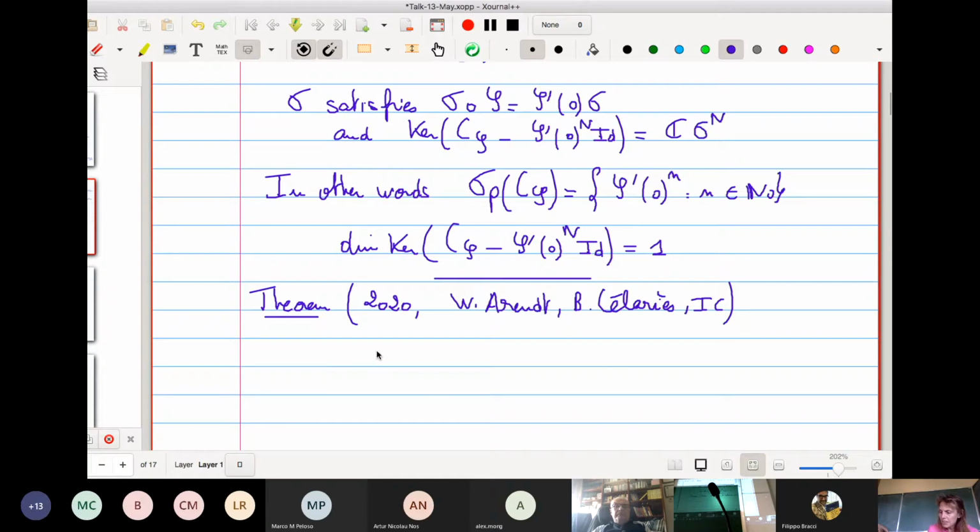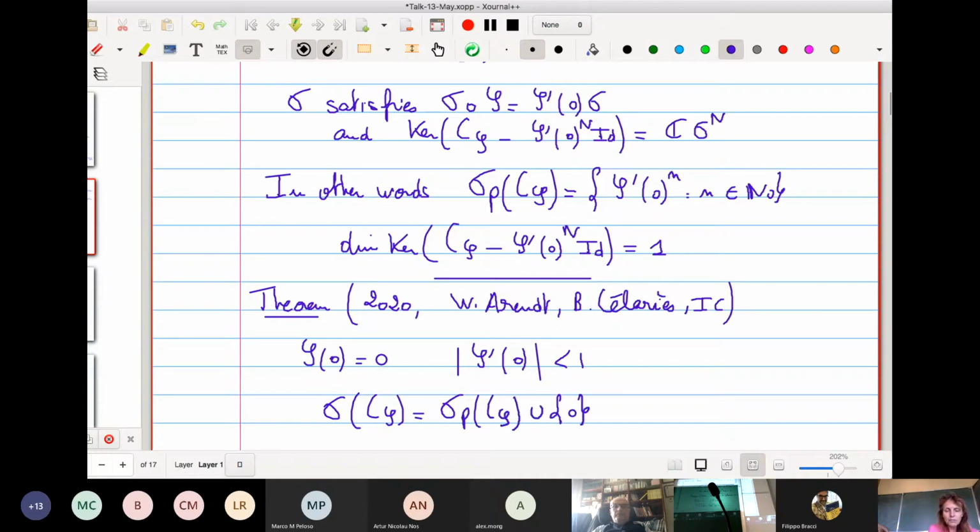What we proved is that, again in the case where we have 0 as a fixed point and assume that phi is not a rotation, the spectrum of C phi is exactly the point spectrum union 0.